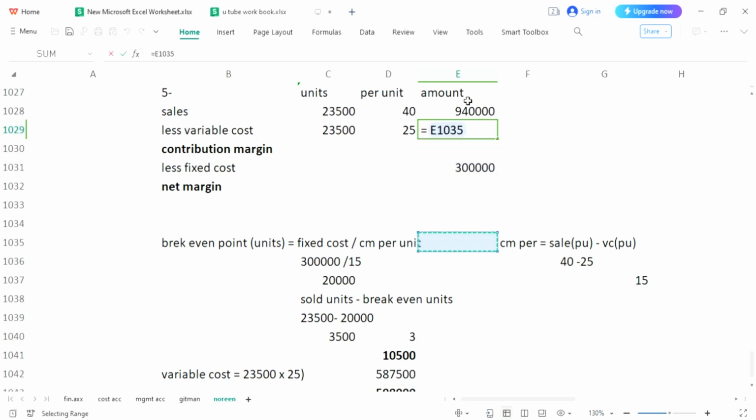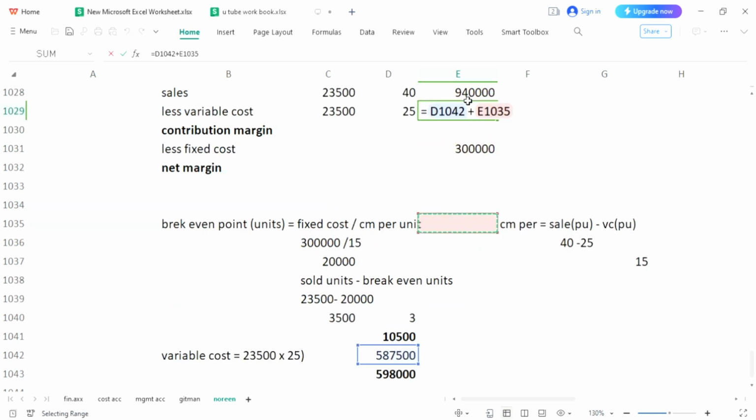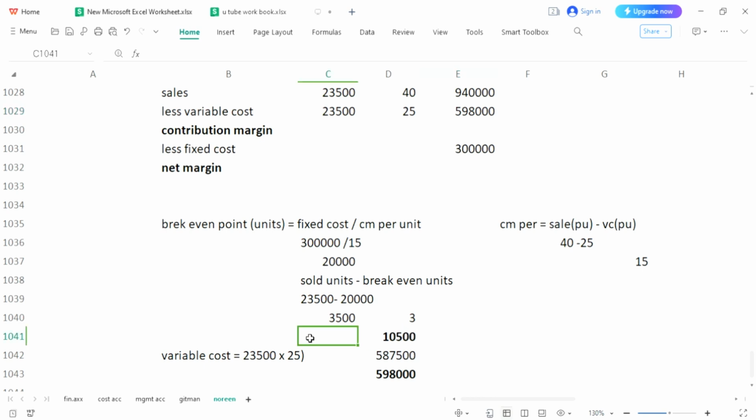First is your original variable cost, and this is your extra commission. This way your total variable cost would be 598,000. Kindly understand, we have not just multiplied 23,500 with 25; we have also added this extra commission.